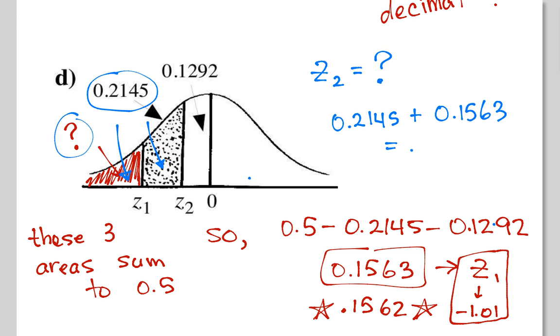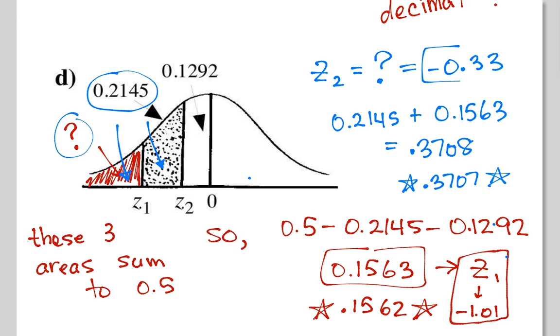I got 0.3708. So now I have to find 0.3708, which I can't find because it's not there. So you have to use 3707, which is essentially the same thing. The Z-score for this would be negative 0.33. There's Z2. Not too bad.